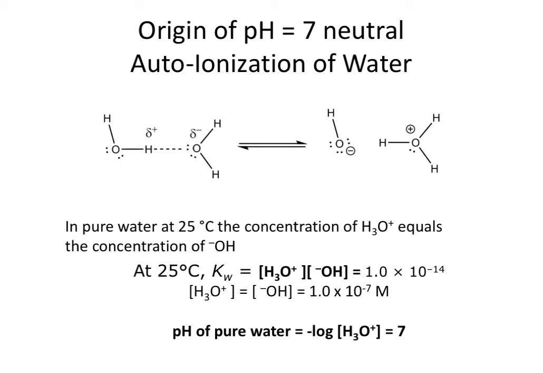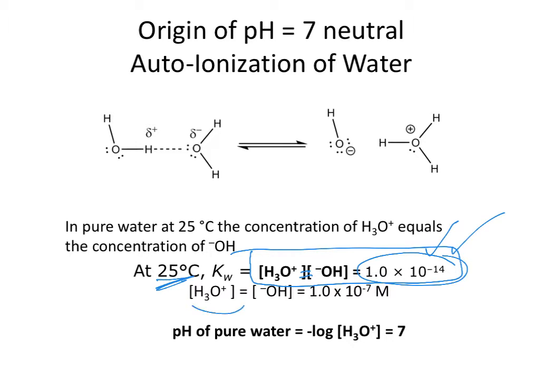Remember I said a minute ago that the product of the concentrations of hydronium and hydroxide ion equals a constant. Well, at 25 degrees C, which is simply room temperature, the product equals 1 times 10 to the minus 14. In pure water, these concentrations are equal to each other. So just doing some simple math, the concentration of each of these ions in pure water is 1 times 10 to the minus 7.